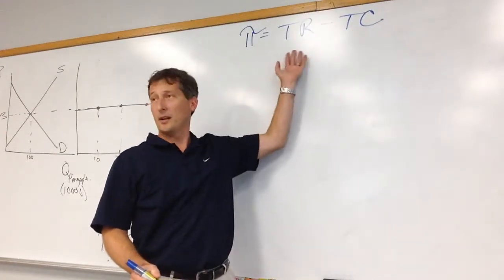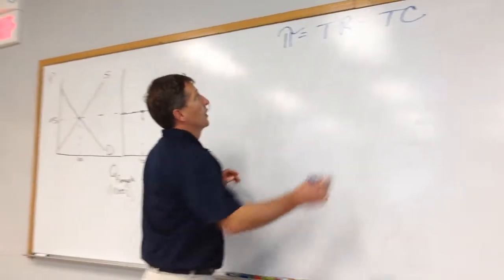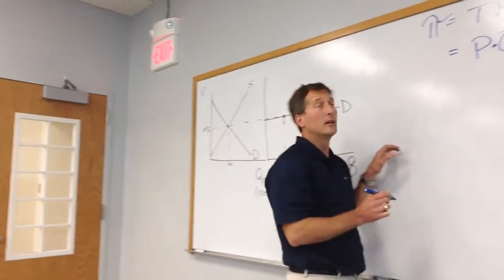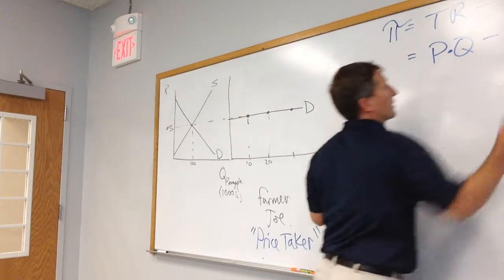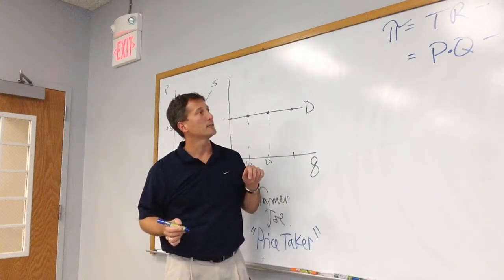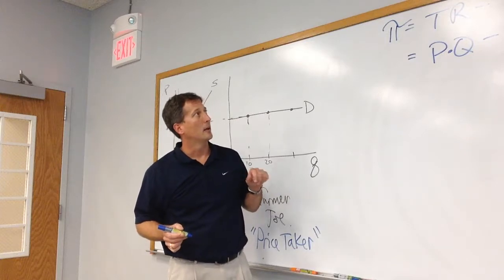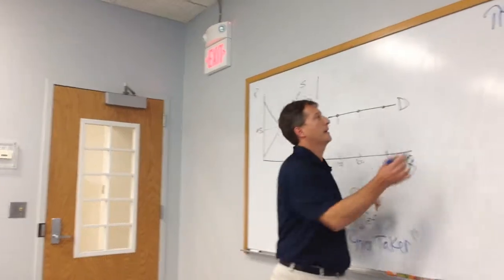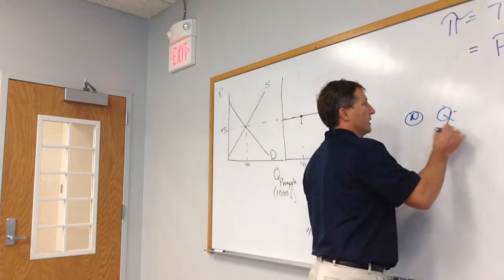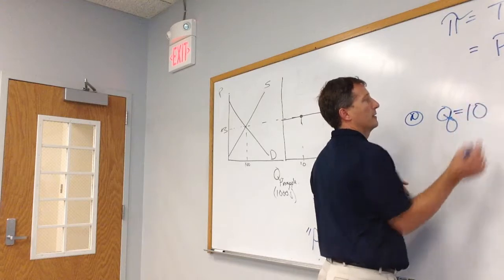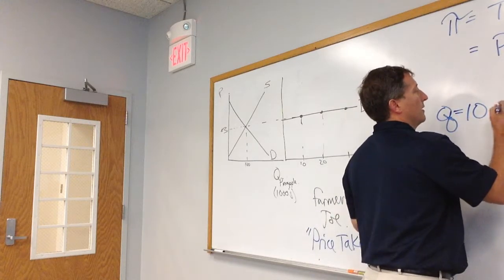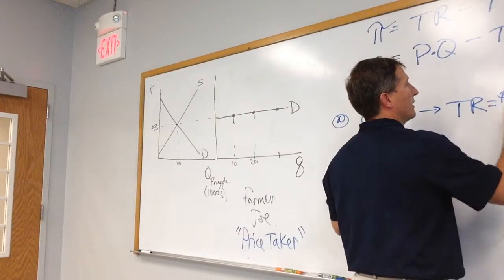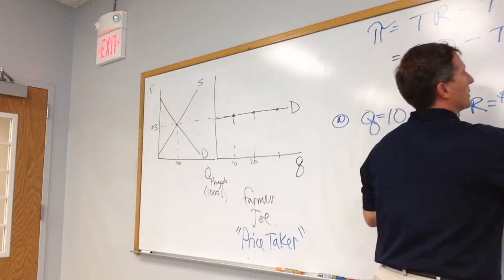Now we're going to start to hone in on revenues. So total revenue is equal to price times quantity, minus our total cost. And in this case, at a production level of 10, so at little q equal to 10, we have total revenue equal to 3 times 10 equals 30.